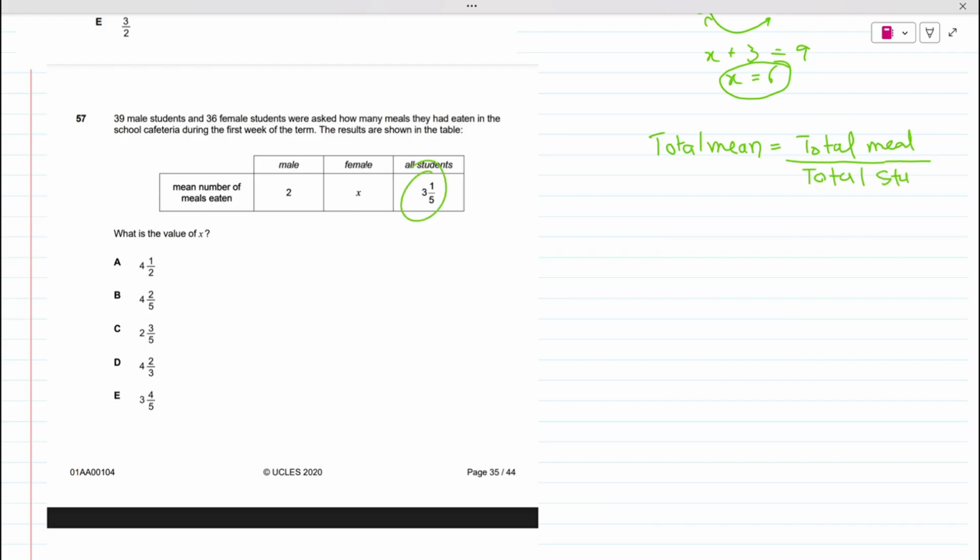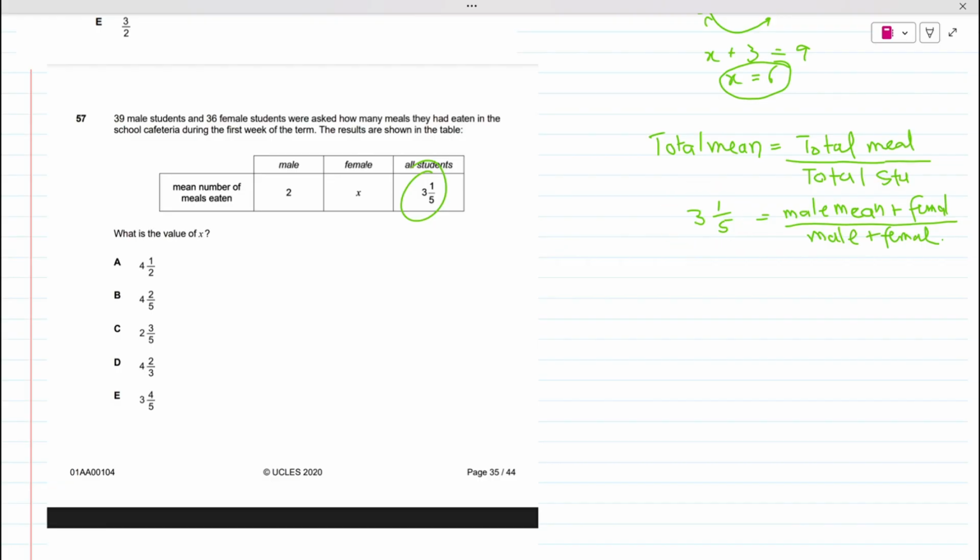Total mean we are already given here: 3 whole 1 upon 5 equals total meal, which is basically the meal eaten by male and eaten by female. So male meal and female meal, right? And total students means male number and female number, right?